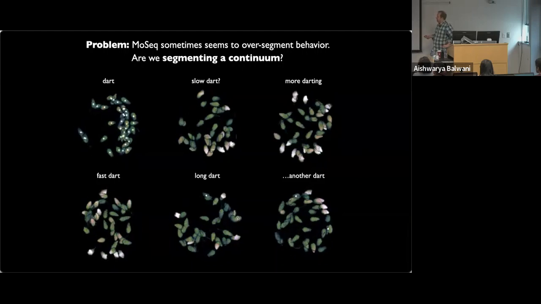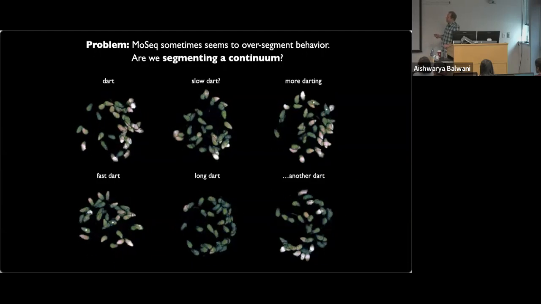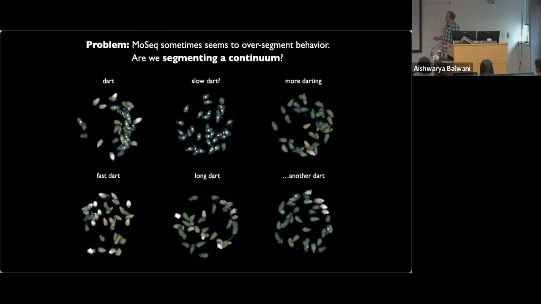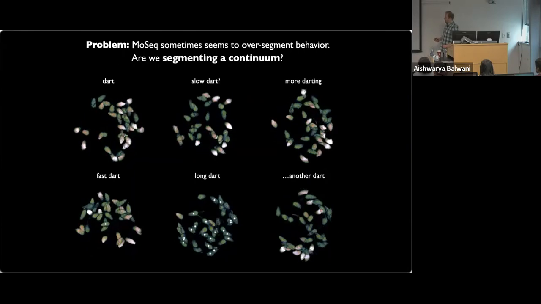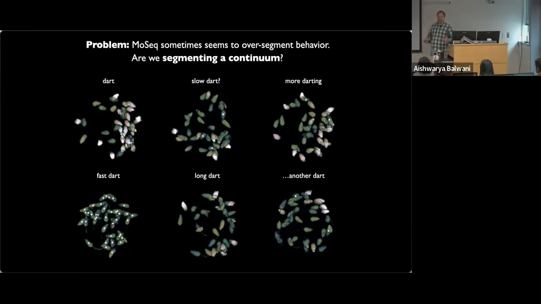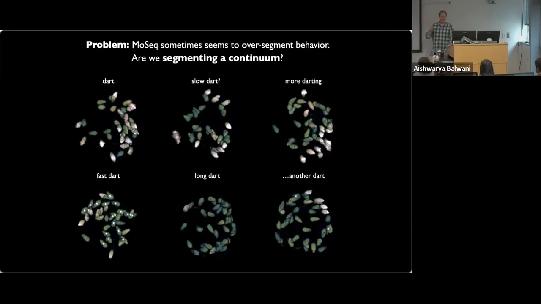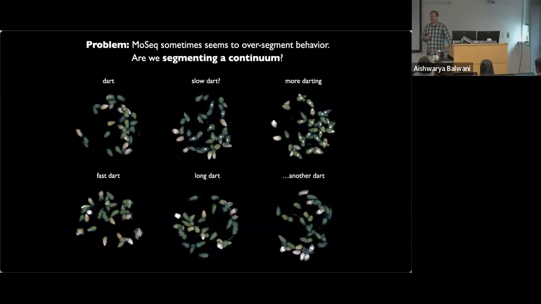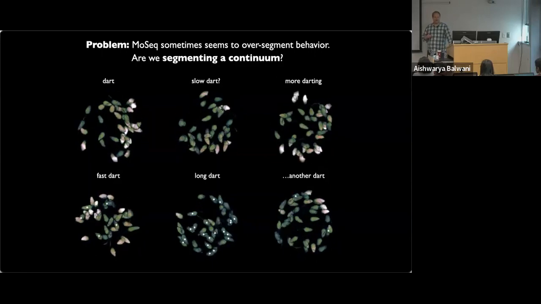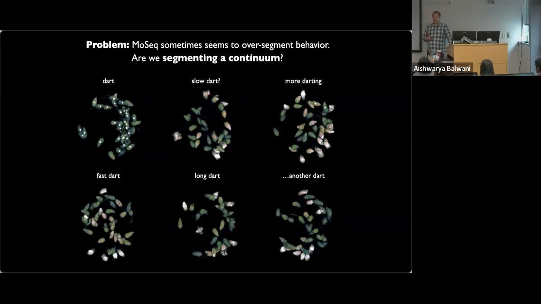But I can't give you a human interpretable name. Maybe this one's slightly slower. And that was a little bit faster. This one persists a little bit longer. But to me, these all look like darting behavior. Maybe if Jeff were here, he could tell me there's a real fine-grained distinction. But I think he'd be hard-pressed to say what it is that the model is cueing on to distinguish these syllables from one another.